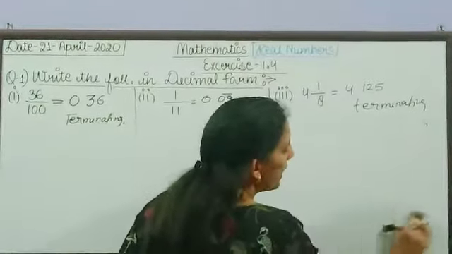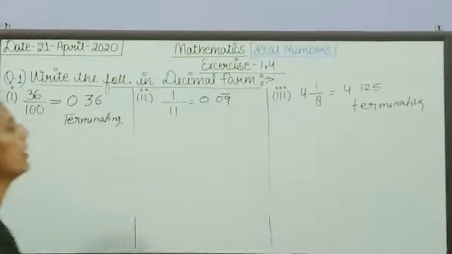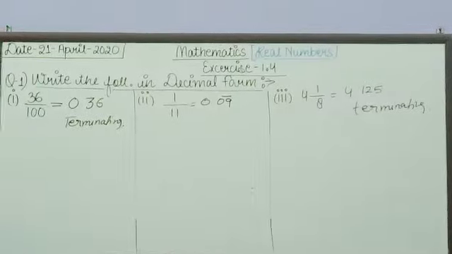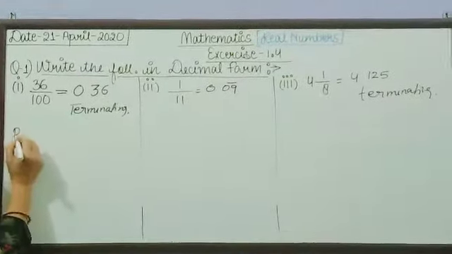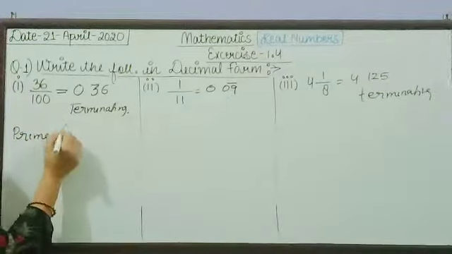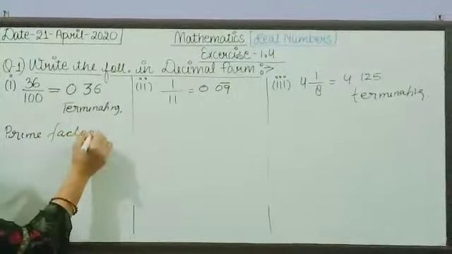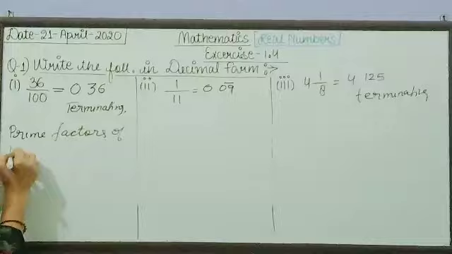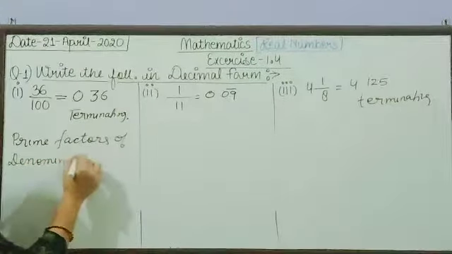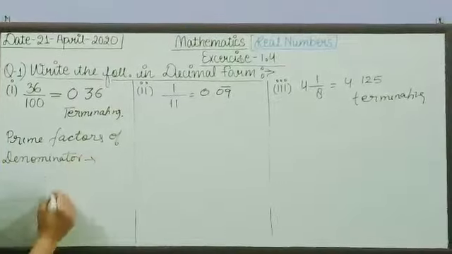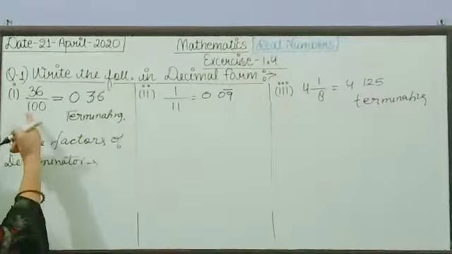What you are seeing in these three parts, check the denominator. I will do the prime factors of the denominator. In the first part, the prime factors of the denominator will be, it is 100.